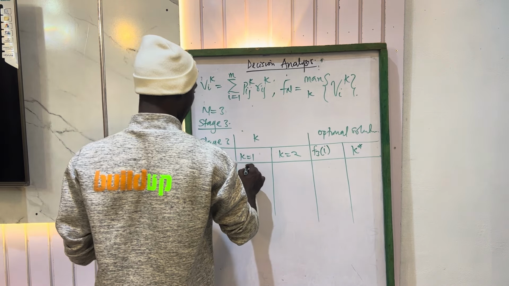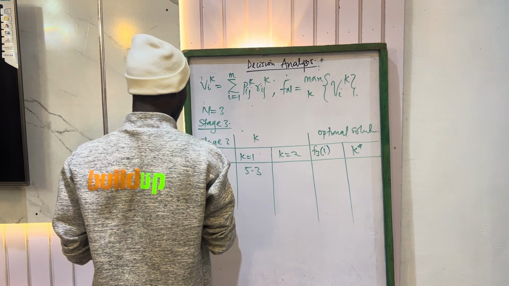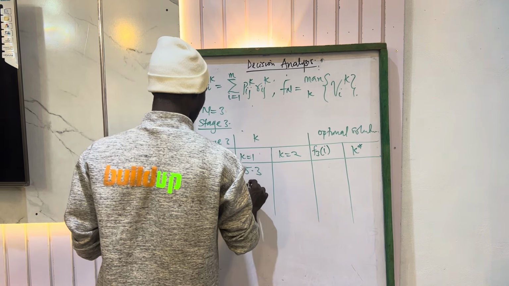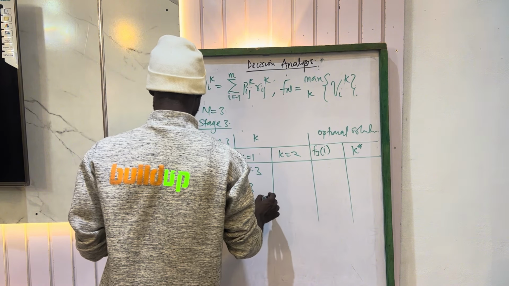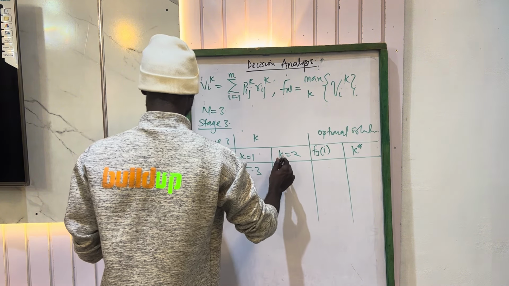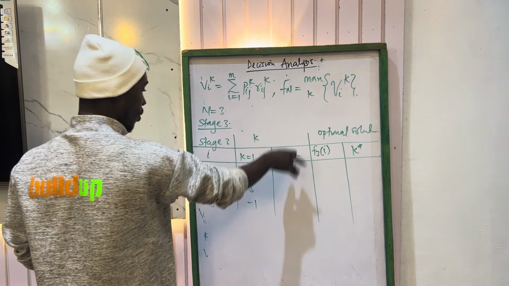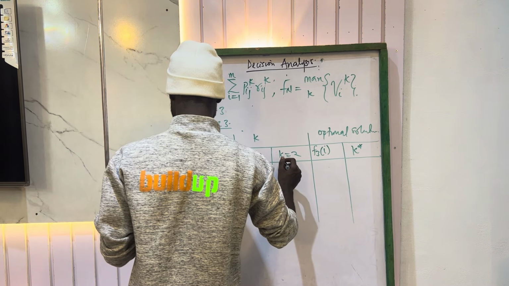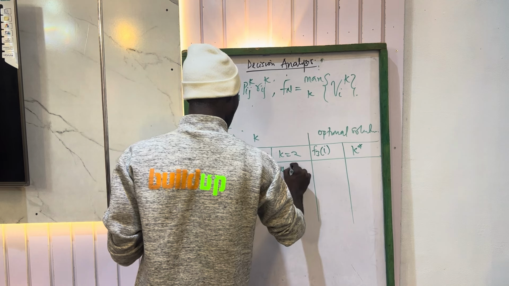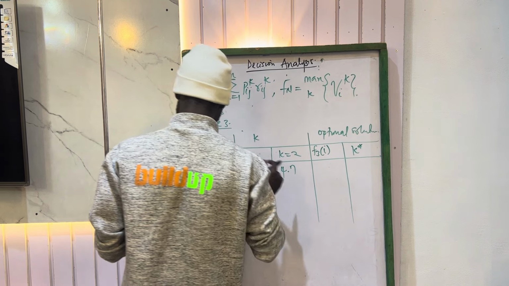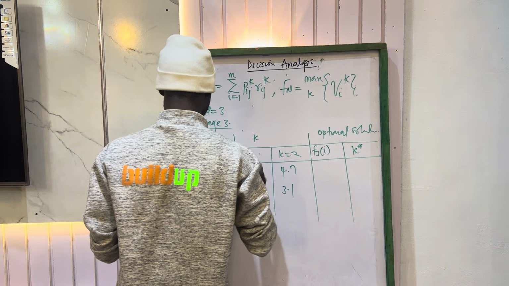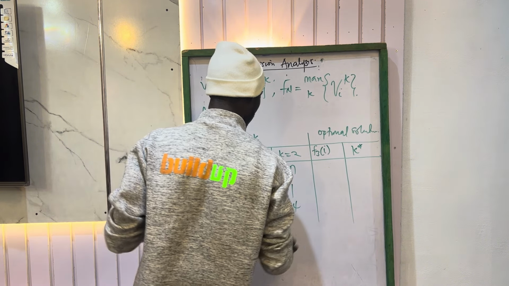We are going to have 5.3. For V21, we're going to have 3, then minus 1. Then for when K equals 2, we have solved it already. So for V12, we're going to have 4.7. For V22, we're going to have 3.1. Then for V32, we're going to have 0.4.